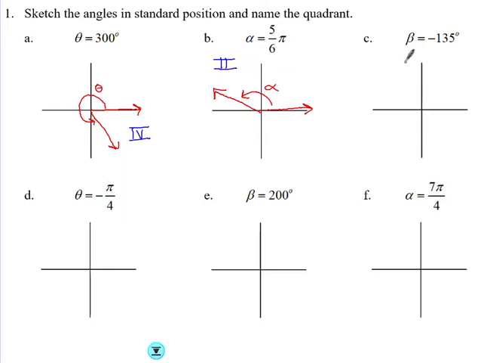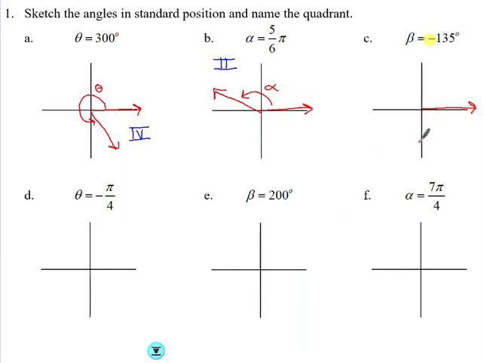Now with part C, you will notice that beta is negative 135 degrees, while our initial side does not change. The fact that our angle is negative means that we are changing direction. Instead of going counterclockwise, we're going to go clockwise 135 degrees.